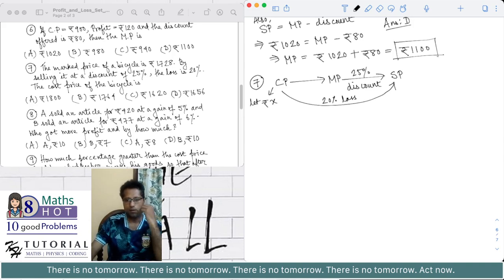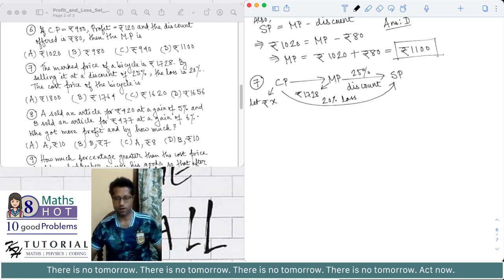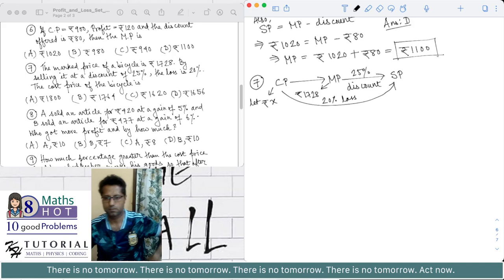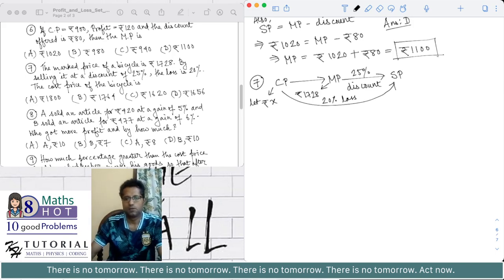Now the mark price of the bicycle is also given to be rupees 1728. Let's calculate the selling price from the mark price. Selling price is equal to 25% less than mark price.